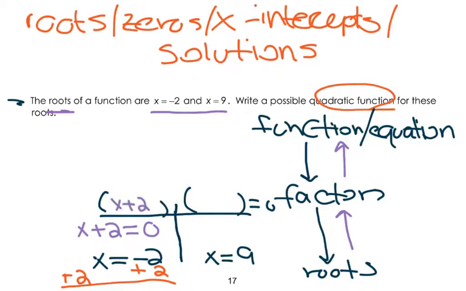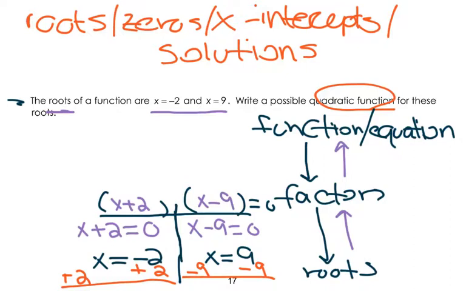Let's do the same thing on the right. Again, we wanted to go back to be equal to 0, so here we're going to subtract 9 from both sides, and we would have x minus 9 equals 0. So the other factor would be x minus 9.